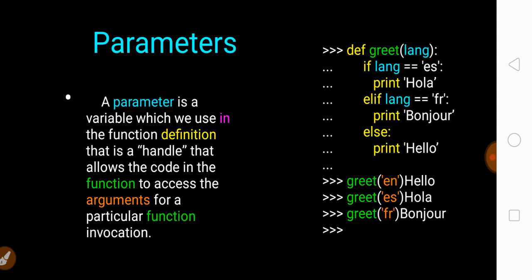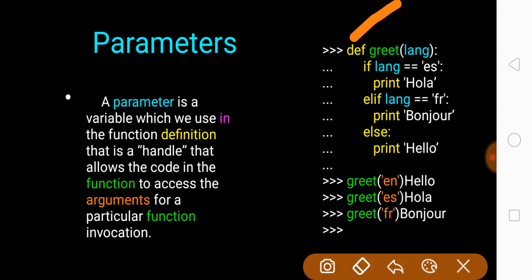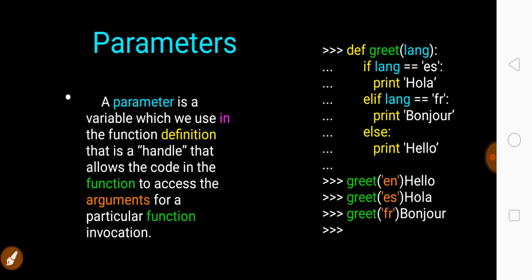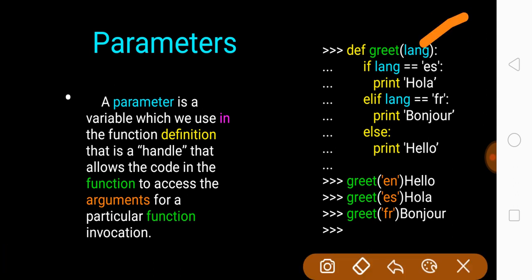Over here I have used the function greet. If you see carefully, the def word stands to define any function. Greet is the function name, and this word lang may be any variable. You can use a, b, c or any variable over here, and this word lang is the parameter. So make a note regarding argument and parameter.